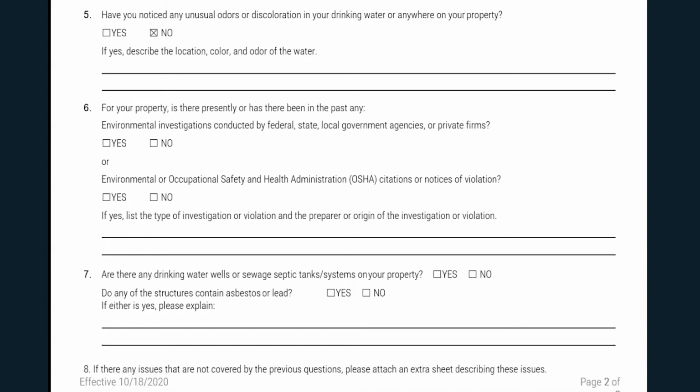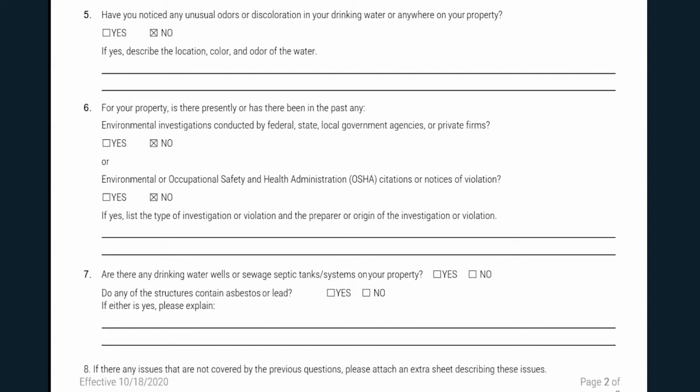Applicants should check yes or no for these, and if the answer is yes to either of the questions, they should list the type of investigation or violation and the preparer or origin of the investigation or violation. Robert checked no for both of these examples because, to the best of his knowledge, there have never been any investigations or violations on the property.